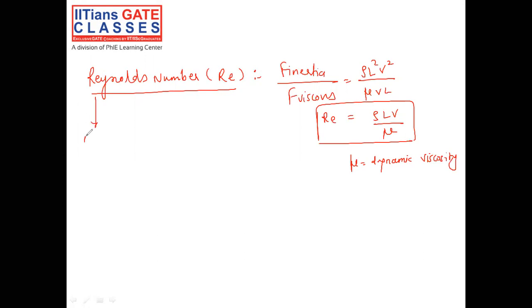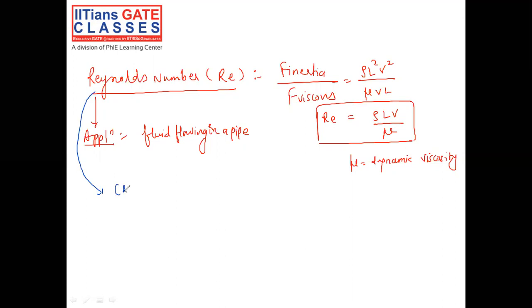Coming to the application, one major application of Reynolds number is the fluid flowing in a pipe. Let's have the physical understanding of Reynolds number: it is a criterion for the fluid flow types.